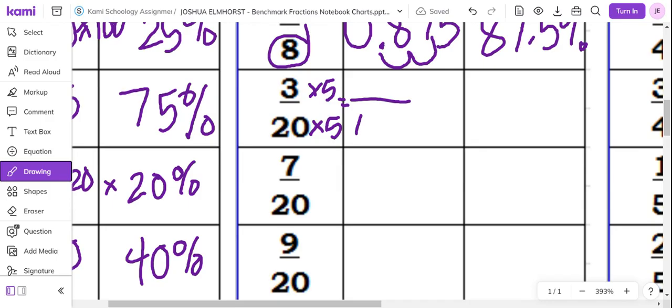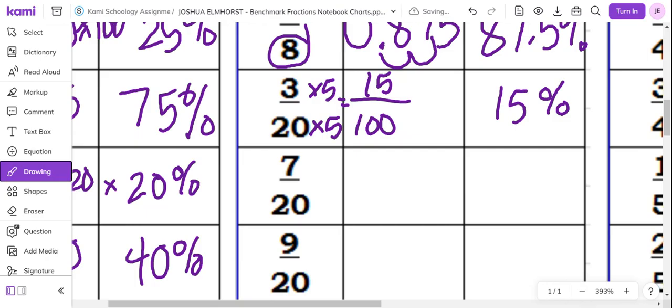So 20 times 5 is 100. So 3 out of 20 is 15 out of 100, or 15 hundredths, or 15%. That's going to be 0.15.